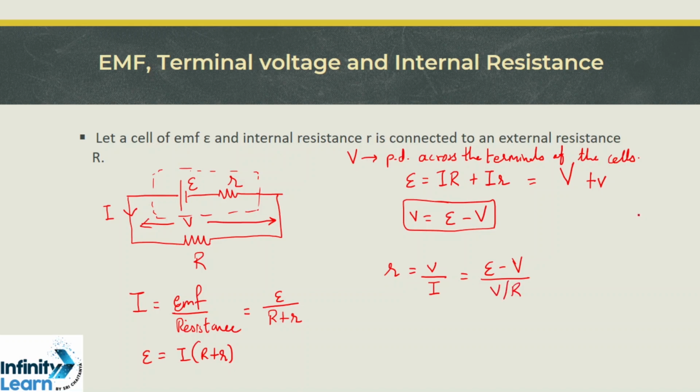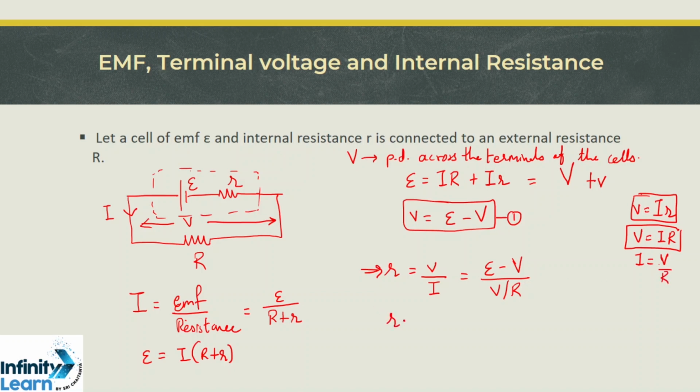So we have used two relations. One, small v is equal to I into r. And capital V is nothing but I into capital R. So I can be written as capital V by R as well.